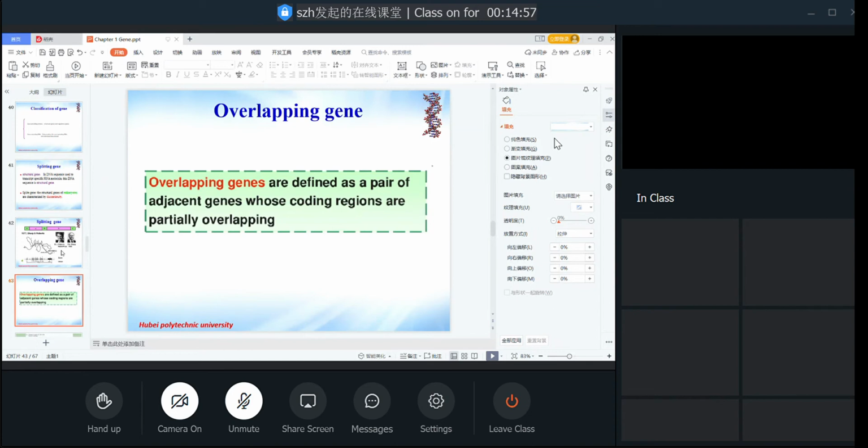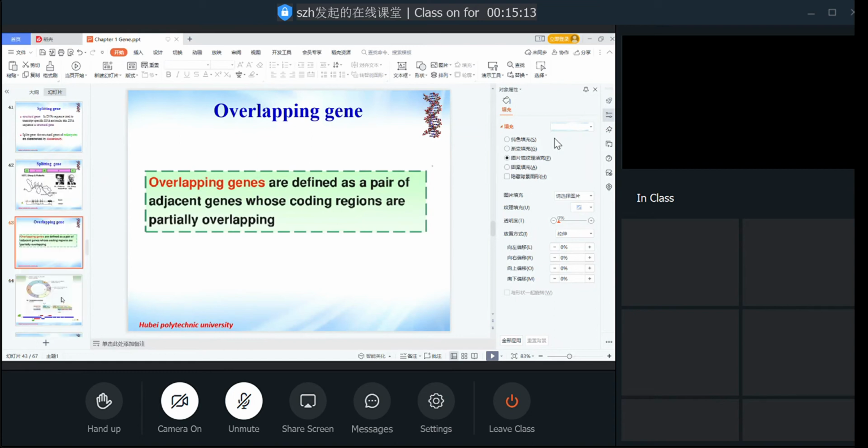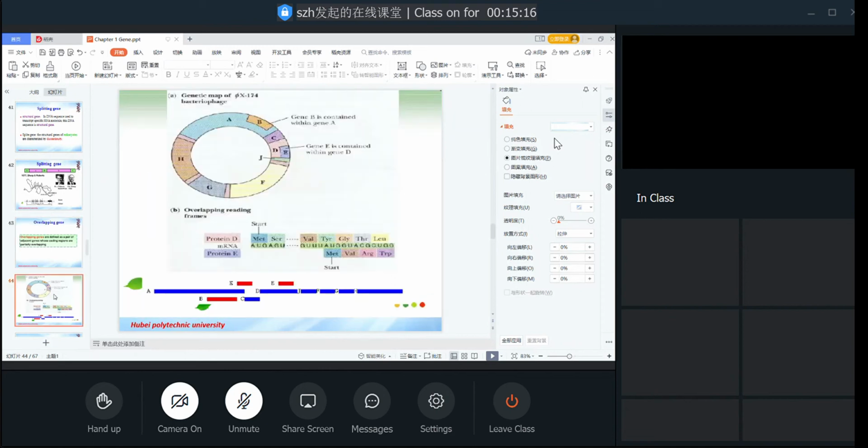You can say overlapping genes are defined as a pair of adjacent genes whose coding regions are partially overlapping. You can say these models.